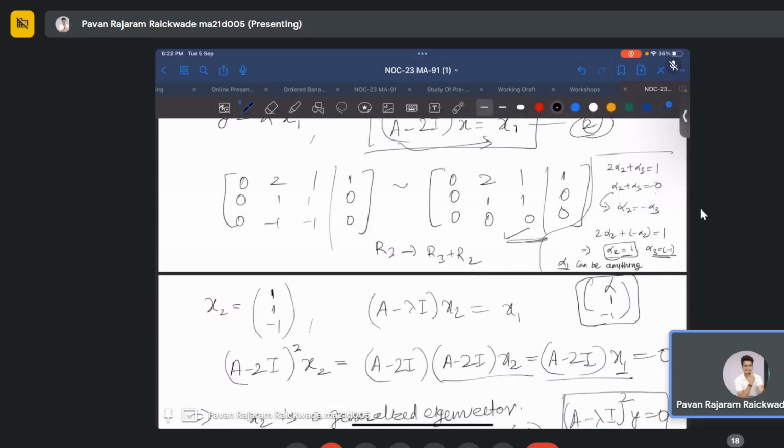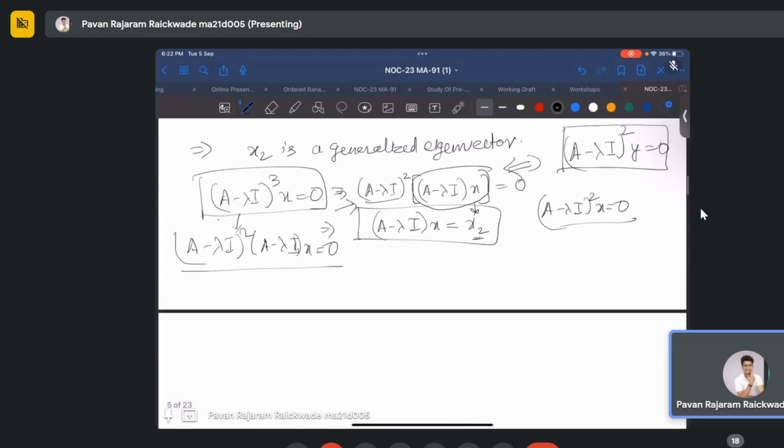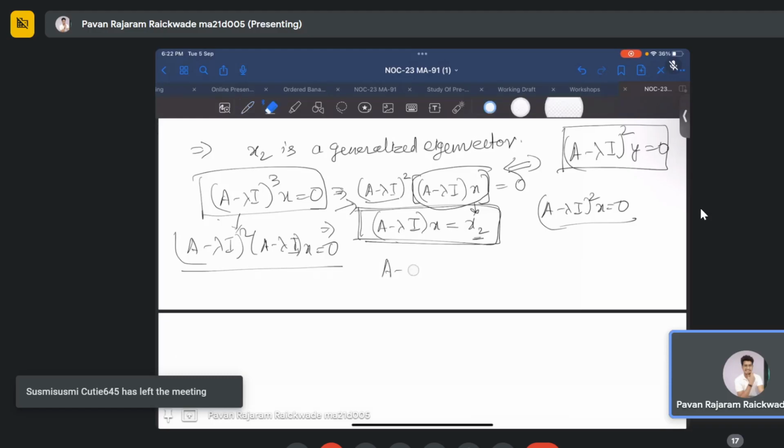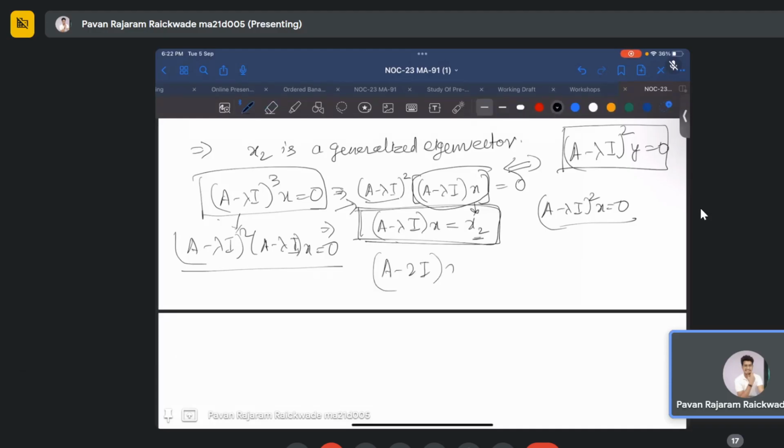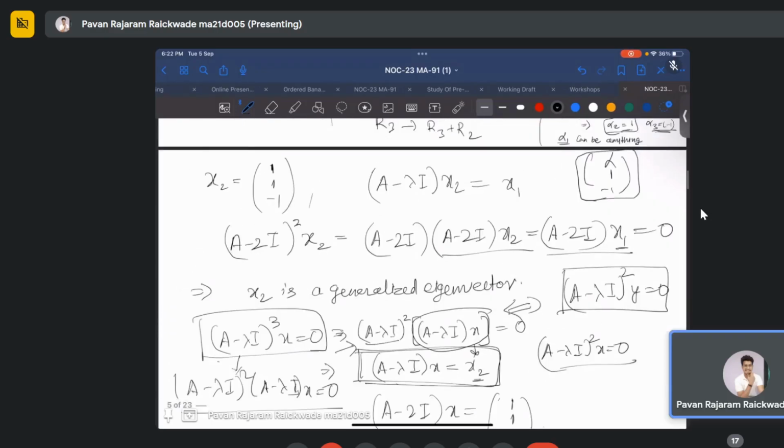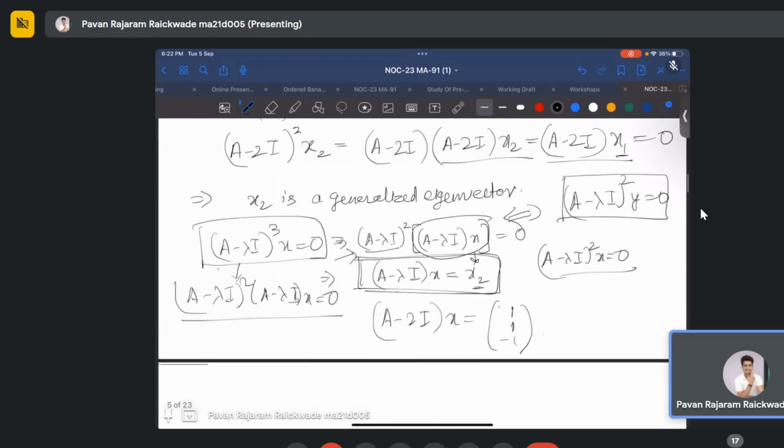Doesn't matter, right? Hence, we are going to solve this equation that (A minus lambda I) x equals x2. x2 is 1, 1, minus 1. Even 0, 1, minus 1 works, no problem. But in the options, there is no 0, 1, minus 1. Hence, I chose 1, 1, minus 1.